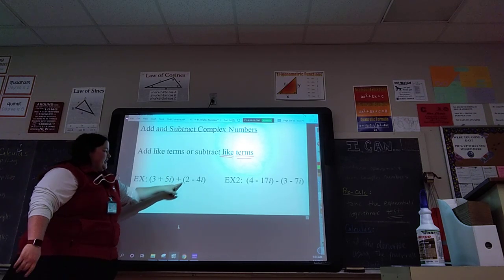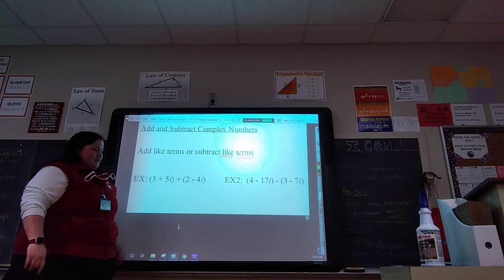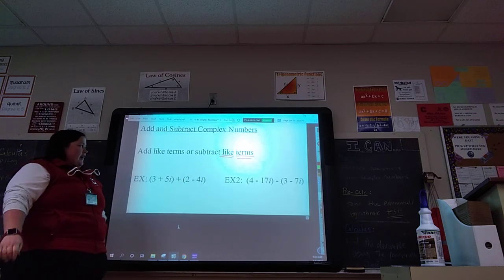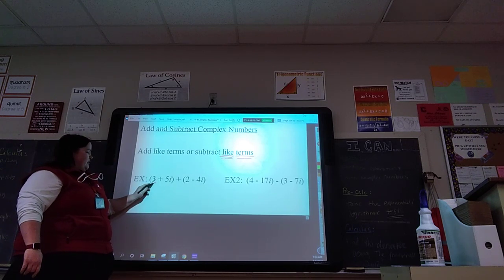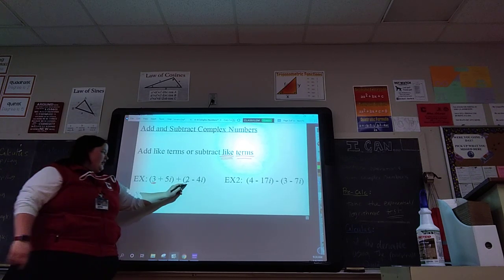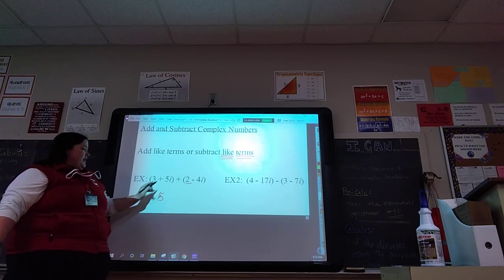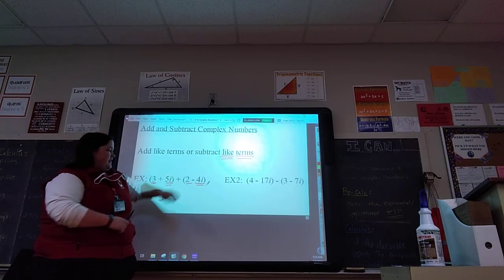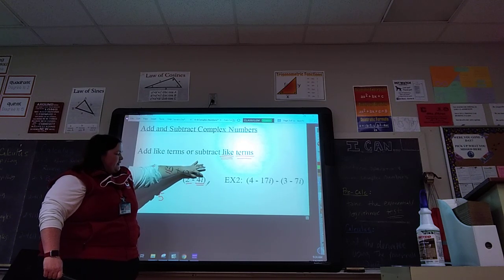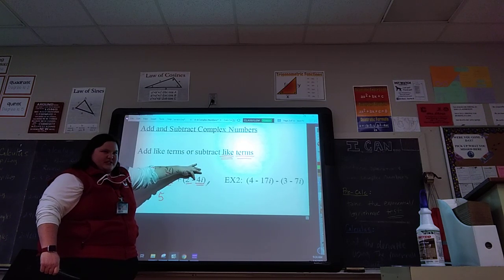Since I see a big plus sign in between those two complex numbers, I'm asked to add those. And when I add those, I can only do likes with likes. So what can I add with the 3? The 2. Yep, so that's fine. And then what can I add with the 5i? Yep, negative 4i. So make sure you keep that sign with it. Whatever the sign of the imaginary number is, it's whatever the sign is in between.